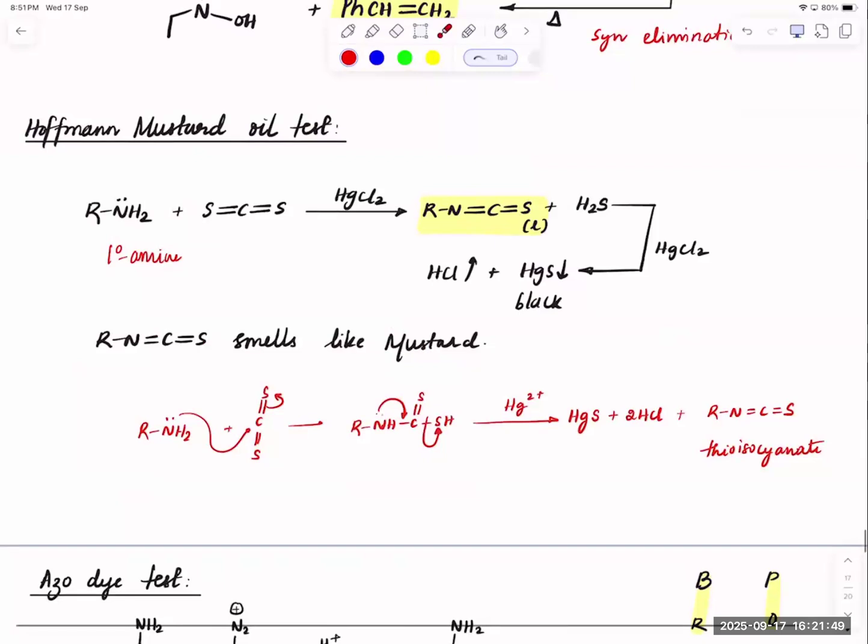There is one more test that amines are very specifically used for, known as the Hofmann mustard oil test. What will you be doing here? If I take a 1-degree amine and react with CS2 in the presence of HgCl2, you would notice that we will get the lone pair attacking here on carbon, correct?